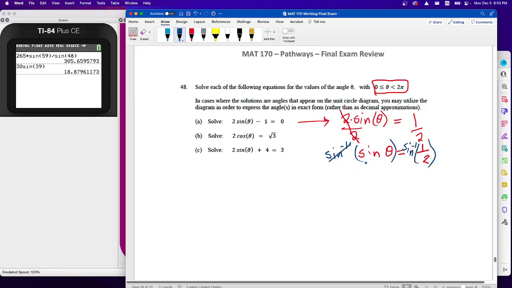And when you take the inverse of a function, it undoes the other, so inverse of a function means that they undo each other. So this is just going to be theta is the inverse sine of 1/2. So what does that mean?